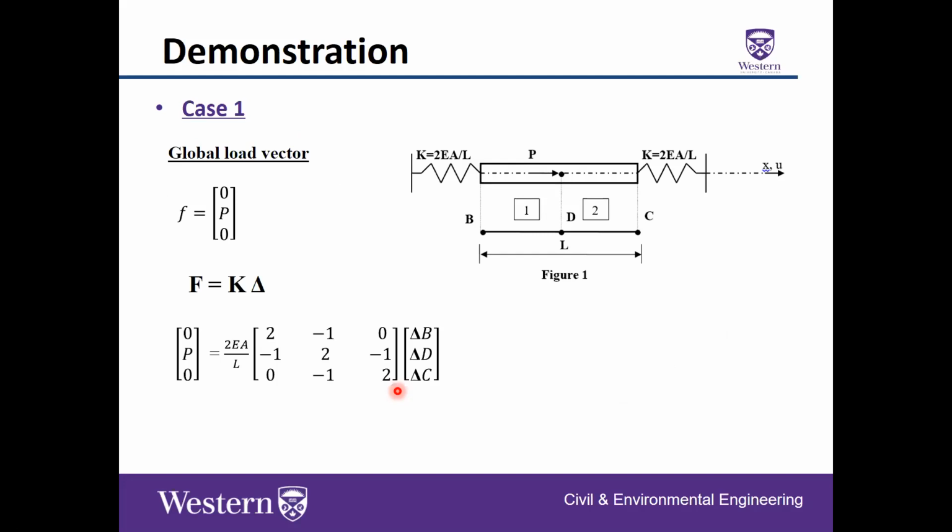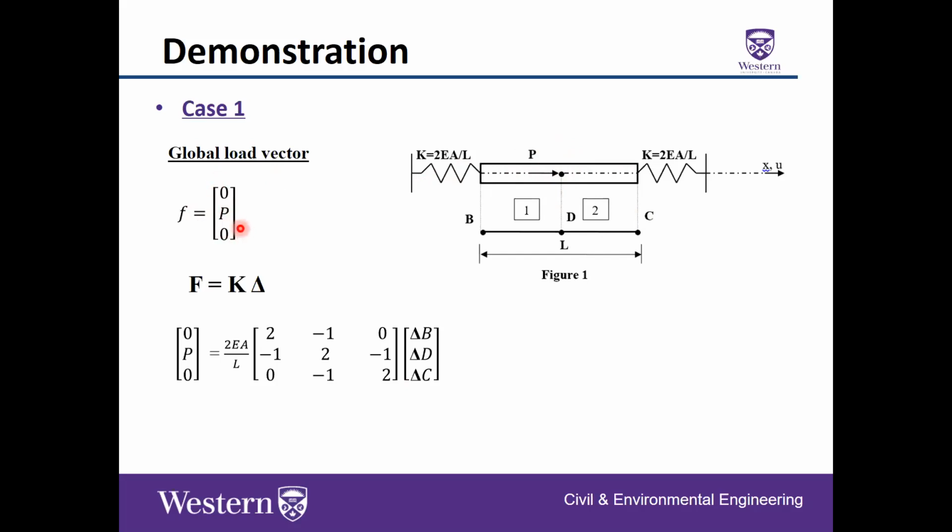Okay, so the global load vector is very straightforward on this occasion, because again we have only one vector which corresponds to the 3 different joints that we have, B, D, and C. And because we have only one load concentrated on the middle joint, which is D, we will add P here, and that's it.